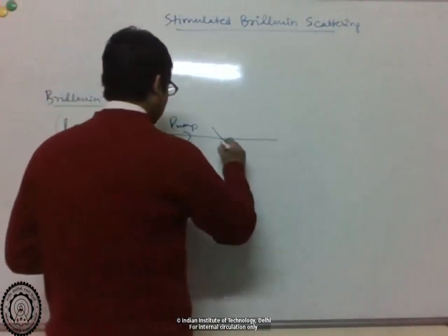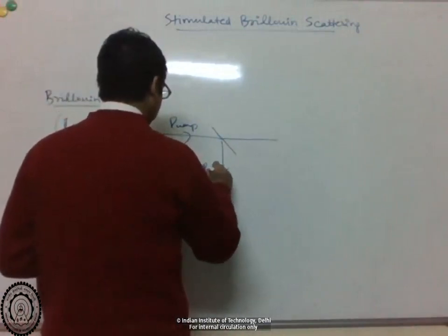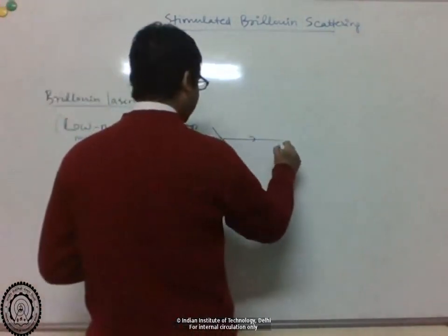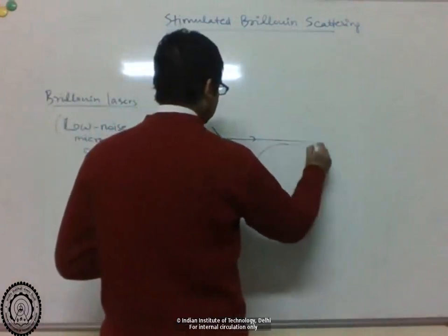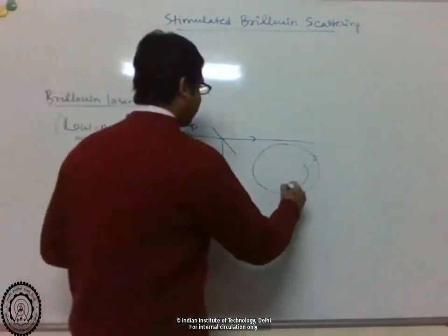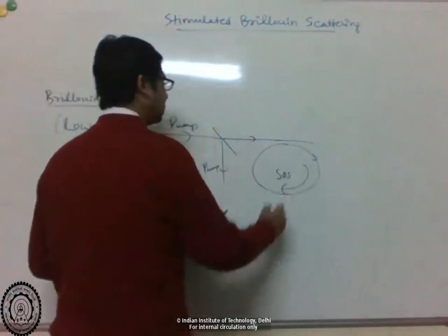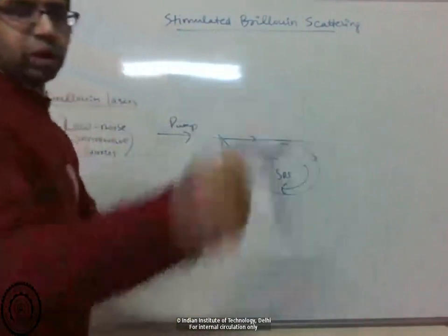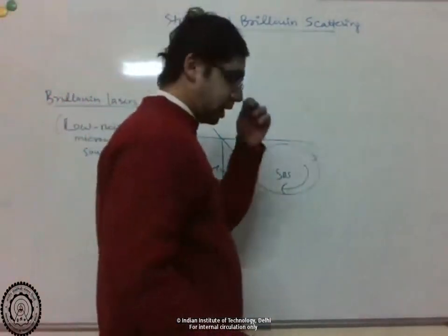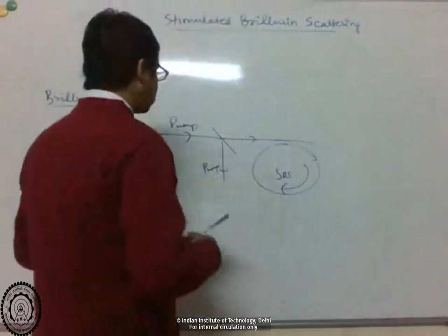You split up part of it and send part of it into a ring cavity. Inside the ring cavity, you have SBS going on. This could just be a fiber wound up, or any kind of optical resonator.